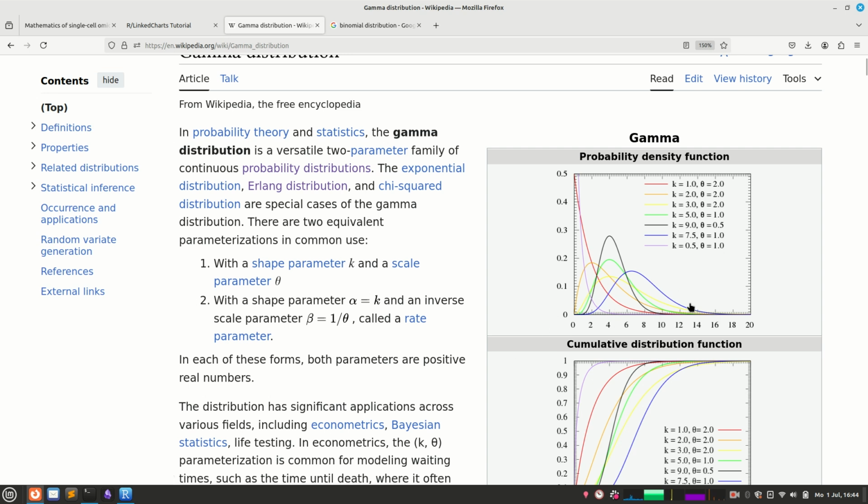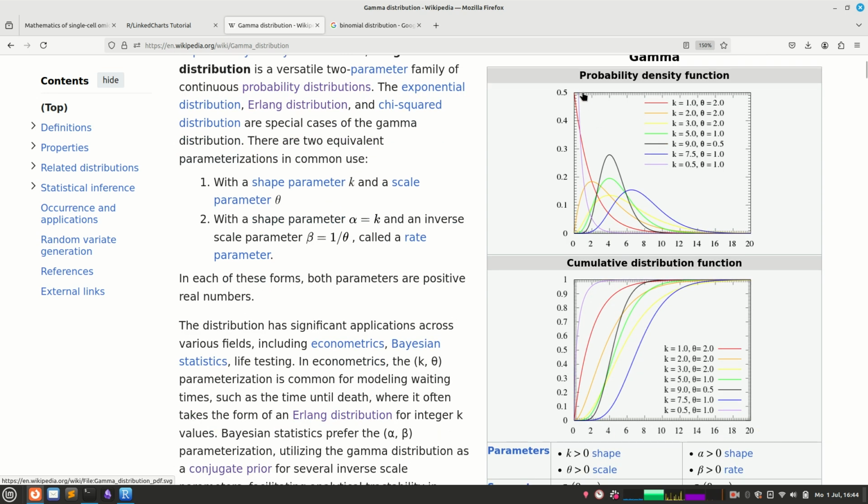But even for lower values like this, it has the typical skew that you also see in a log normal. So gamma and log normal are pretty similar, as long as you stay in the parameter regime where you actually have a mode here. If you're in the parameter regime where it's simply monotonically falling, then of course it doesn't look like a log normal.